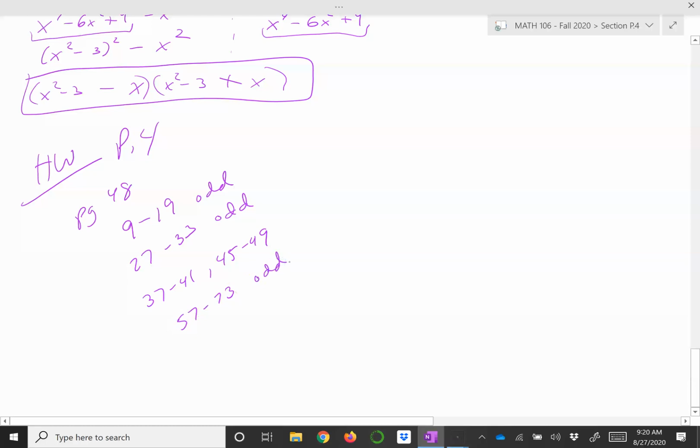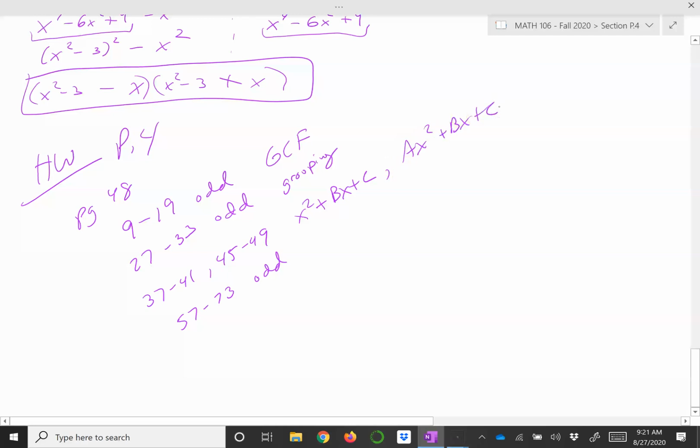Now, again, just quickly, so 9 to 19, this is just using the GCF problem type. 27 to 33, by grouping. 37 to 41, this is the x squared plus bx plus c problem type. 45 to 49, also the ax squared plus bx plus c problem type.